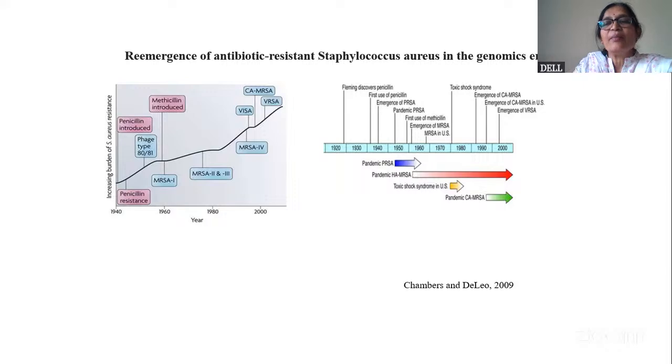On the right side, it gives the time span of pandemics, hospital-associated MRSA, toxic shock syndrome in US, and the pandemic community-associated methicillin-resistant Staphylococcus aureus. So we can actually understand the timeline of emergence and evolution of the antimicrobial resistance in Staphylococcus aureus.